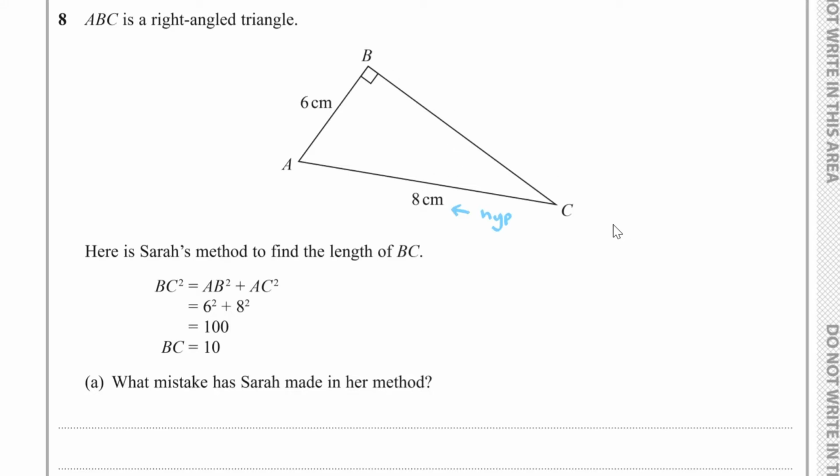So Sarah's method to finding out what BC is, that's AB squared plus AC squared, and straight away we can see this is incorrect, because what she should have done to work out the length of BC, that's the biggest side, which is AC squared, minus one of the short sides, that's AB squared. So in other words, BC squared is equal to AC squared minus AB squared.